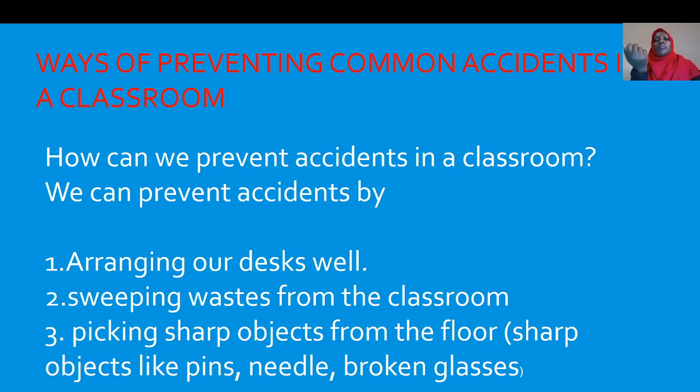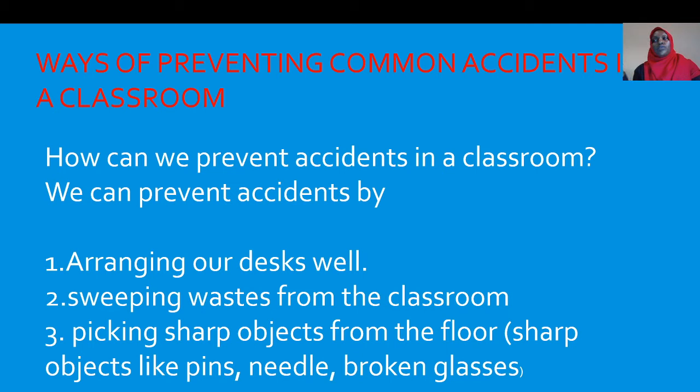We also talked about what causes these accidents in a classroom. We said an accident is an unplanned event that can lead to damage or injury. So what are the causes? One is wet floors, number two rough floors, number three poorly arranged furniture, if your class is not well arranged.